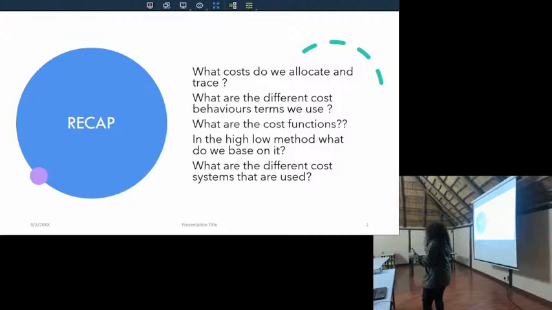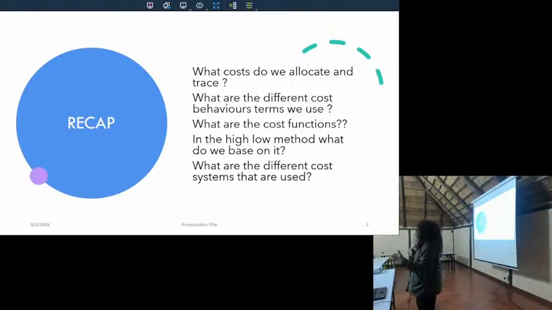Fixed. I'm looking for something more than fixed. Yes. So we allocate indirect costs because you understand that an indirect cost is a cost you incur anyway, but you're trying to allocate it according to how much your cost object contributes to it. That's what allocation means. We're trying to allocate this cost in order to make sense of how it drives our costs. Okay.